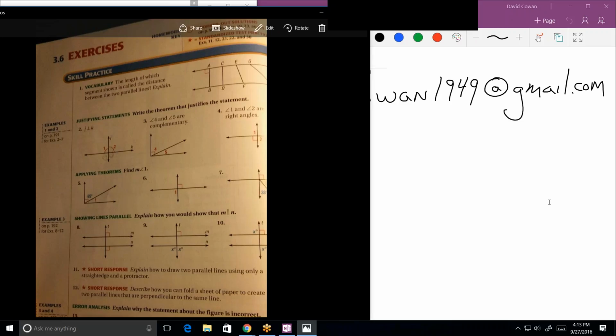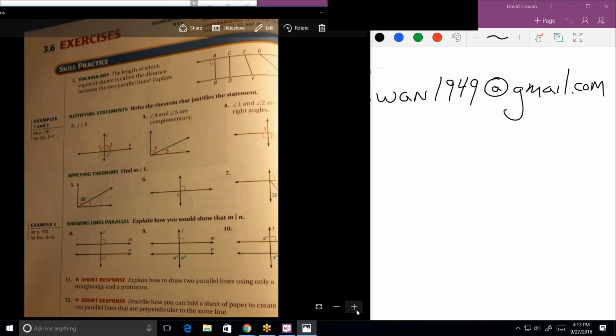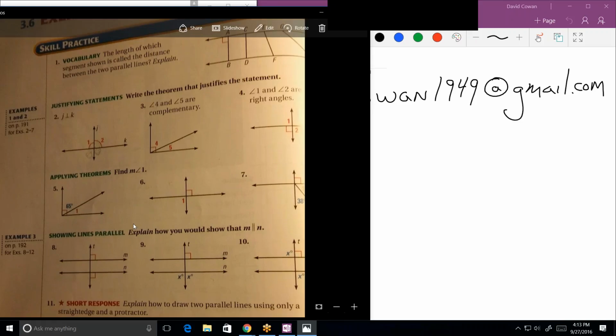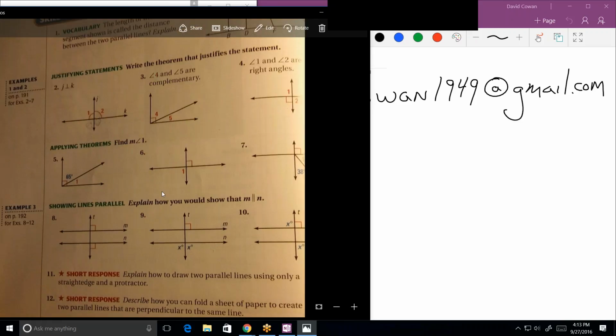So we cannot say that CD is perpendicular. And certainly EF does not look perpendicular, nor does GH. When they talk about the distance between two lines, they're always referring to the shortest distance. Yes. Always. We learned that today.